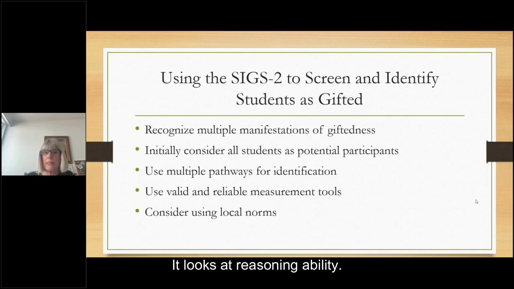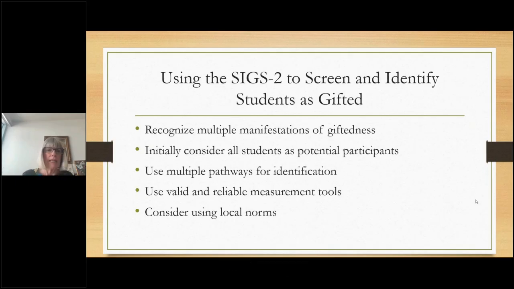It looks at reasoning ability, it looks at problem solving, it looks at is a student able to see multiple viewpoints. So that one would work as well, but that's up to you.